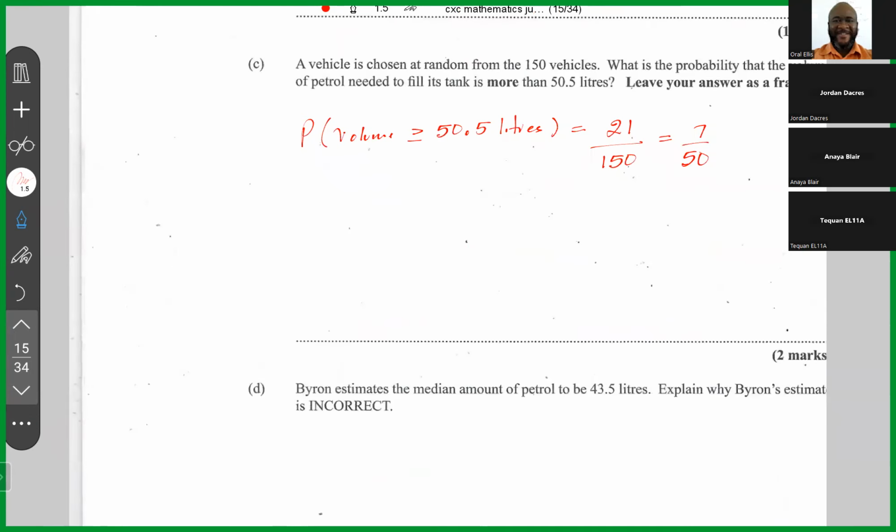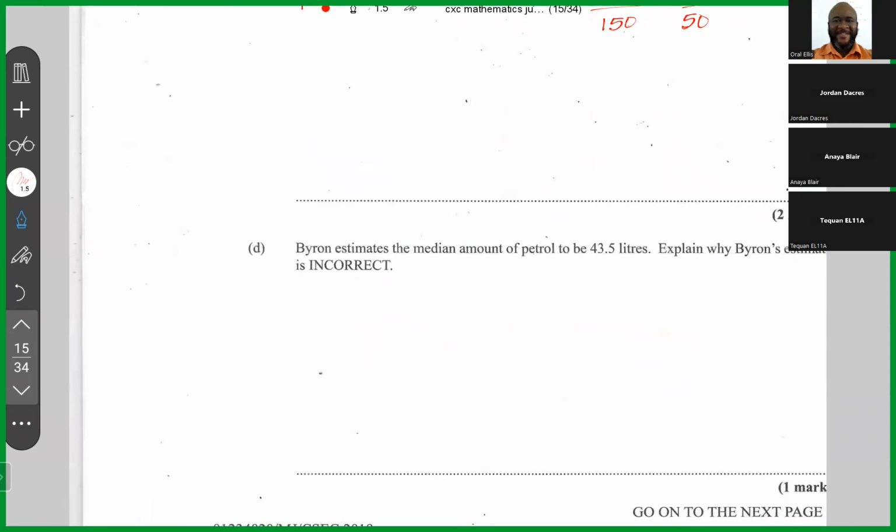Byron estimates that the median is 43.5 liters. Explain why Byron's estimate is incorrect.